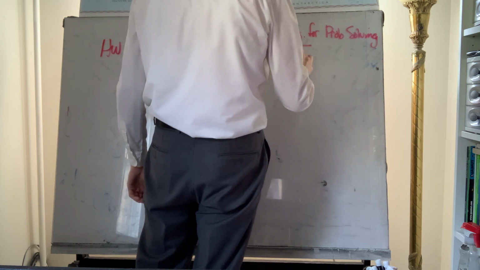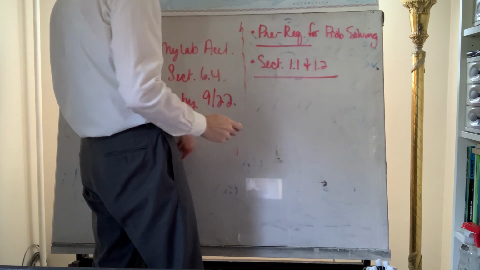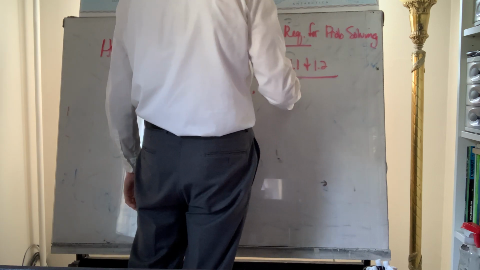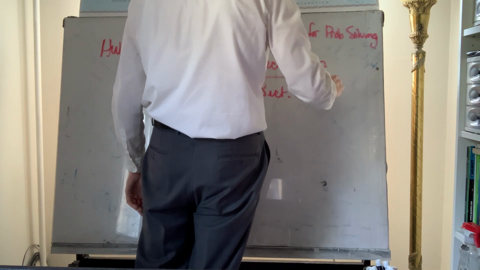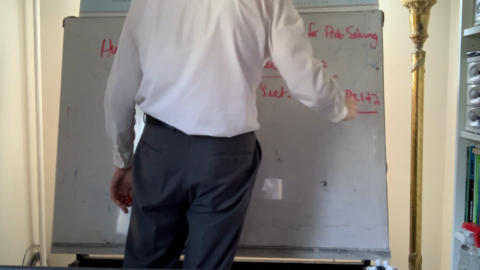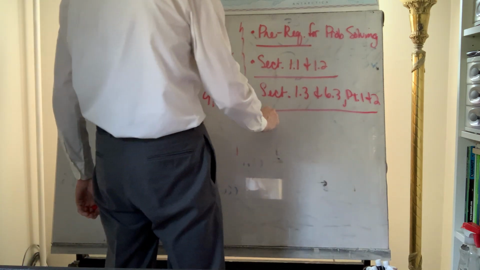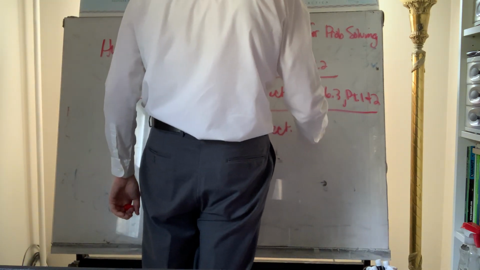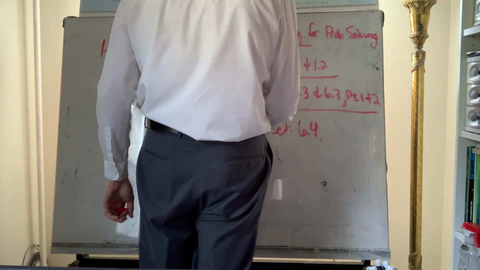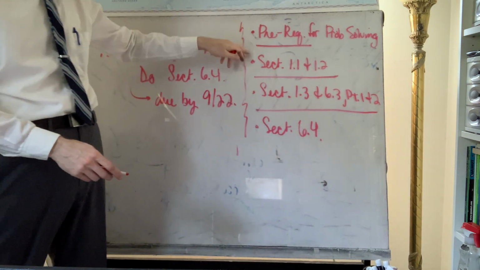Section 1.1 and 1.2 from the first day, in addition to that. Section 1.3 and 6.3, which has 2 parts, part 1 and 2. And now we have section 6.4. Anyhow, this is why I keep saying you want to get this as soon as possible, because it's starting to pile up now.